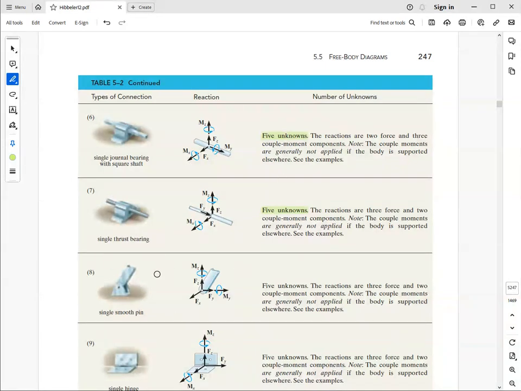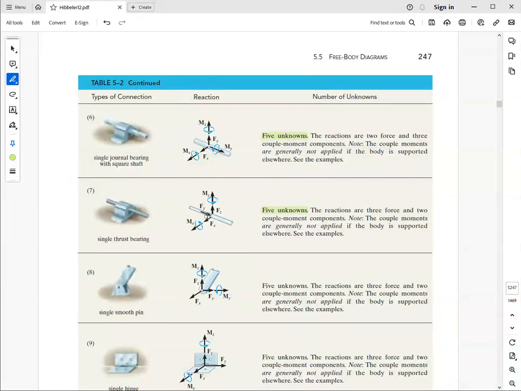Single thrust bearing, that's a pin joint, really the same as single smooth pin and hinge. So here we have rotation about the axis of the rod or the hinge or the pin permitted.